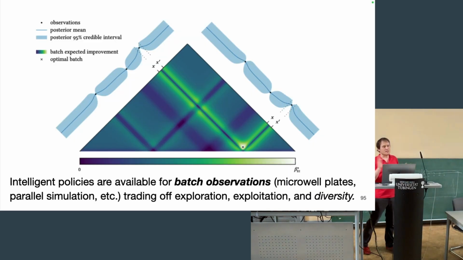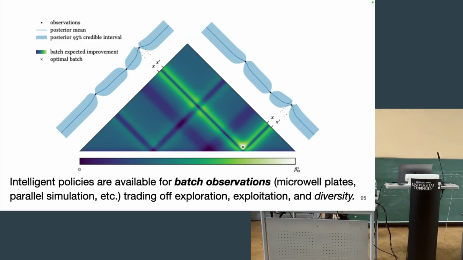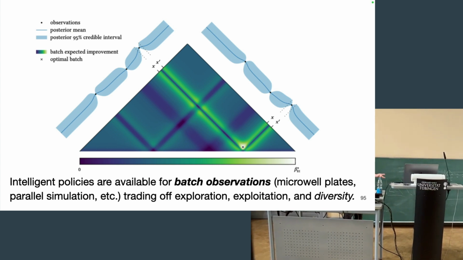OK, to mention a couple extensions. Throughout this whole talk, I've been focusing on sequential optimization or sequential experimental design, where I measure at one point every iteration. Of course, in practice, in many situations, I could either run a whole bunch of experiments in parallel, or a whole bunch of computations in parallel. We can derive Bayesian optimization routines that work in this kind of batch setting.